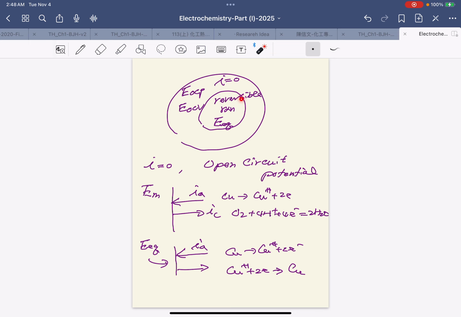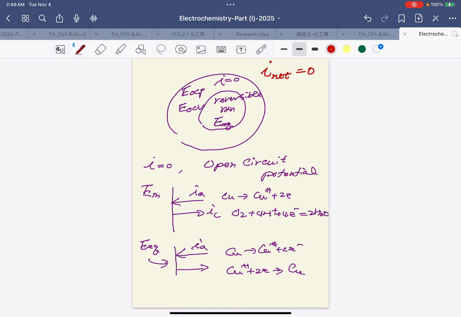We need to measure at the equilibrium condition. That should be a reversible condition. Of course, I equals 0 because the net reaction should be 0, no matter whether it's this E mix or the equilibrium potential. So I net is always 0, no matter which condition.